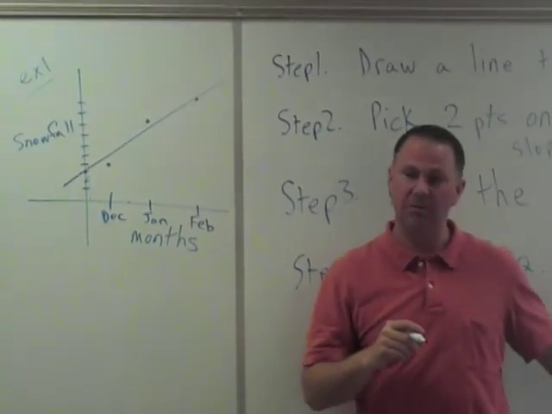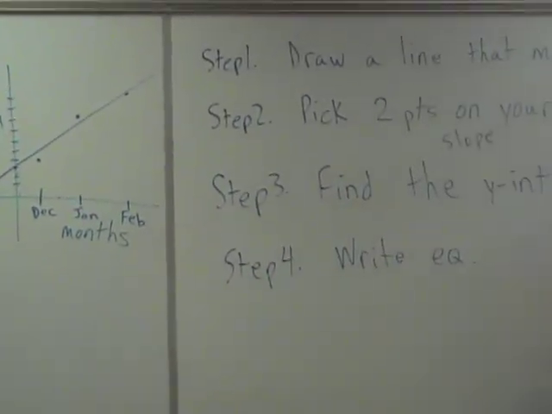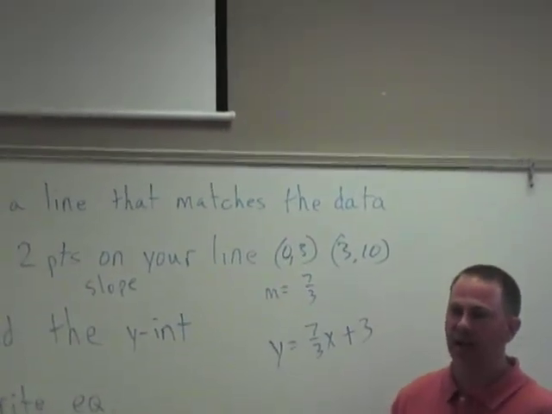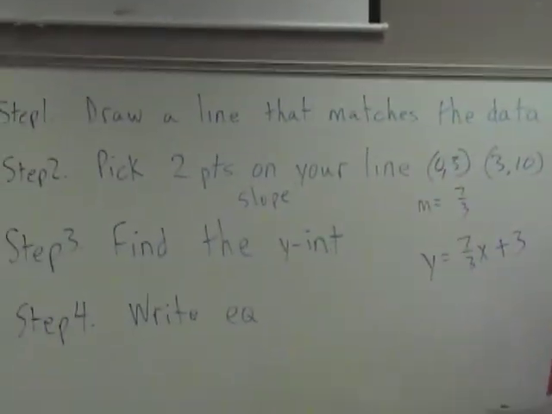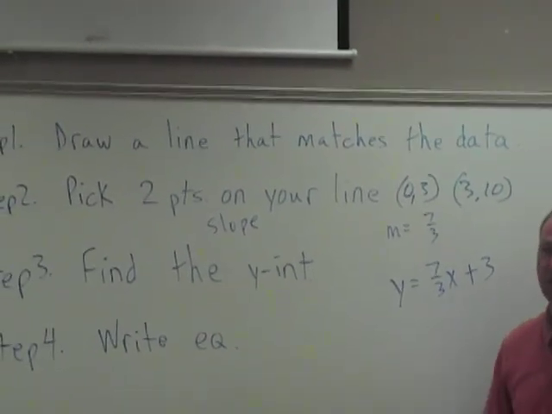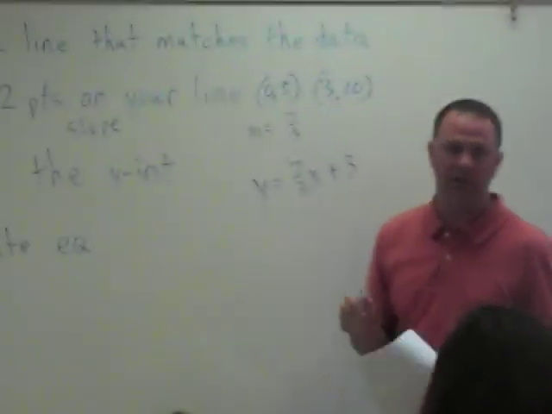If you went on to May, June, July, we know that that's not going to be the case. So, read your problem. You're going to be given all the data, plot all the points, and then do this. Eventually, we're going to use our graphing calculators, and the graphing calculator is going to actually give you the line of best fit. We're going to do that at the end of the year.